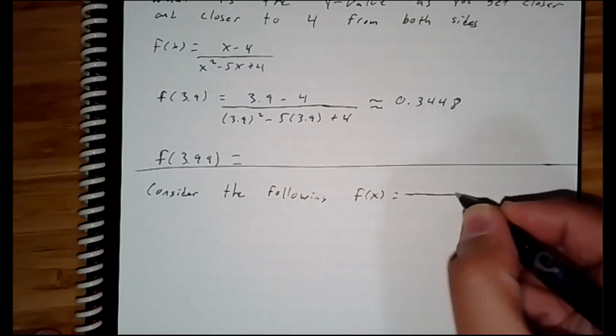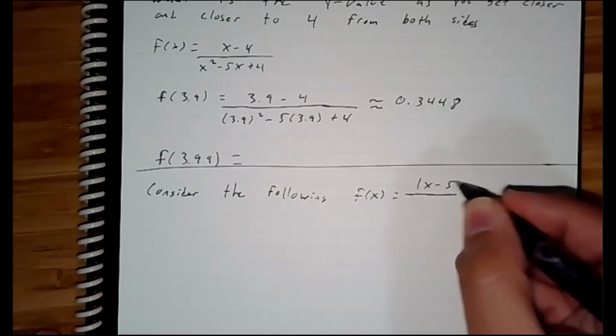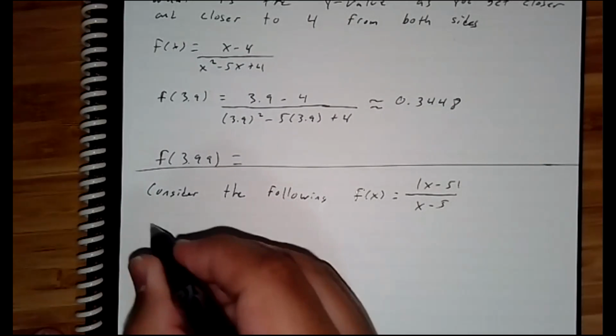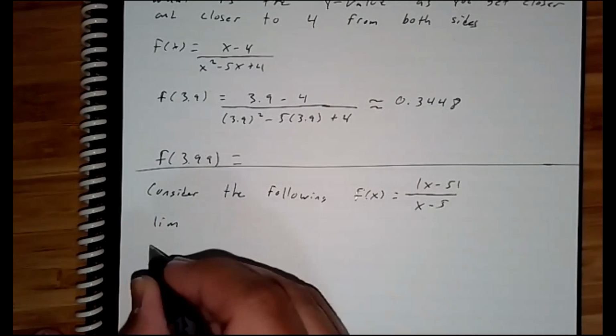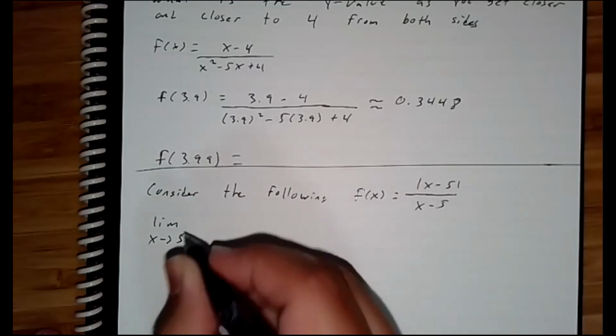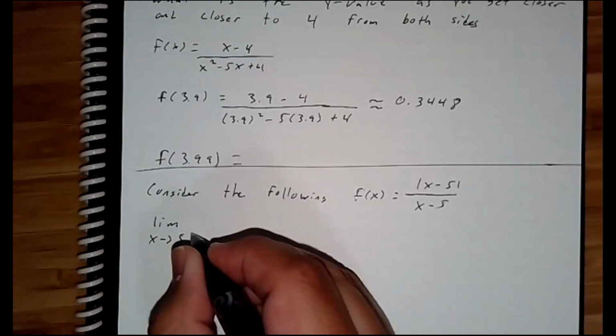Let's say our function is this thing from the homework. The notation, the limit as x approaches 5 from the right side, would be plus.